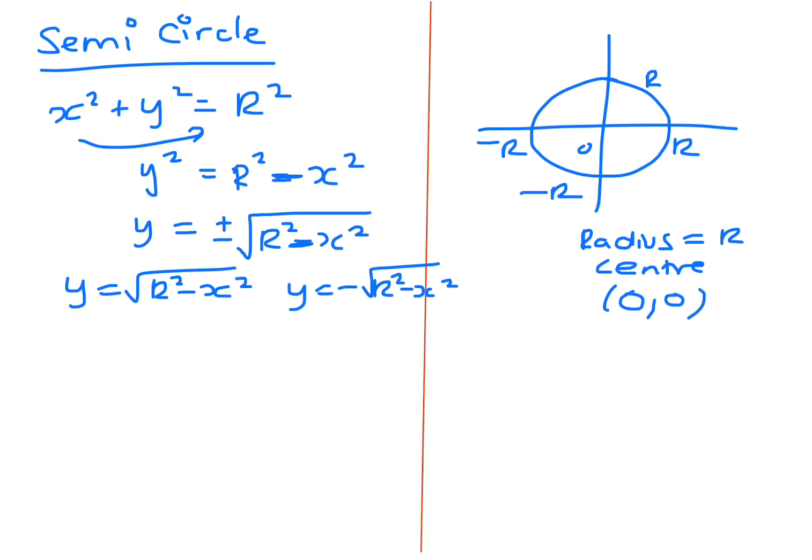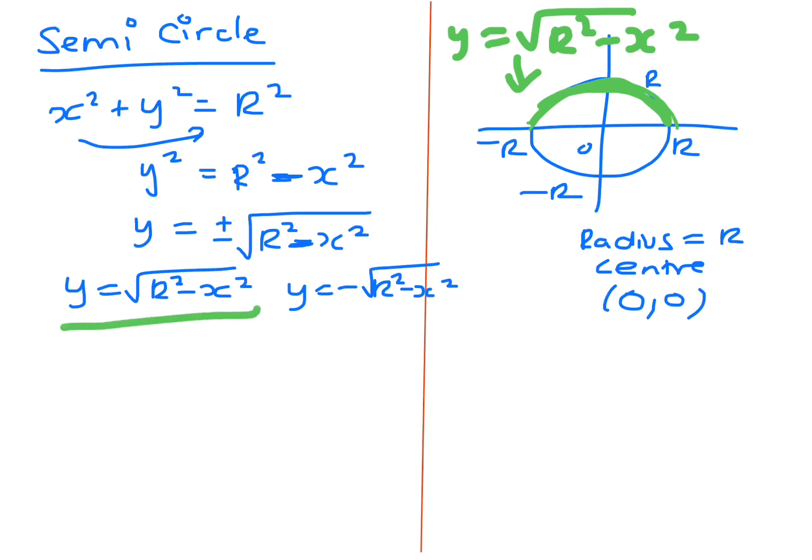Now, half of this circle, the top half there, for example, that half of the circle, is just the square root of r squared minus x squared. So that's just one branch of this circle.